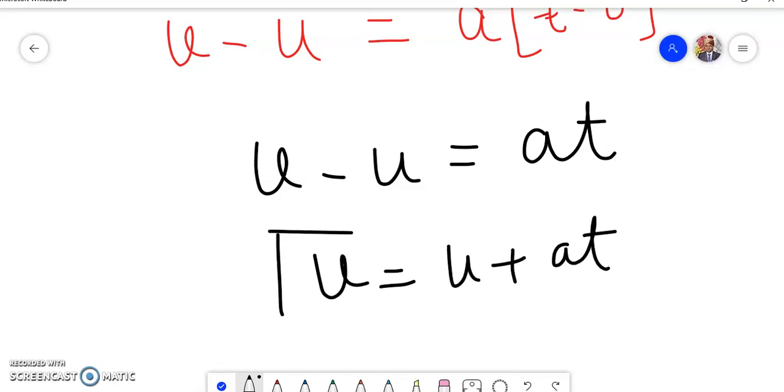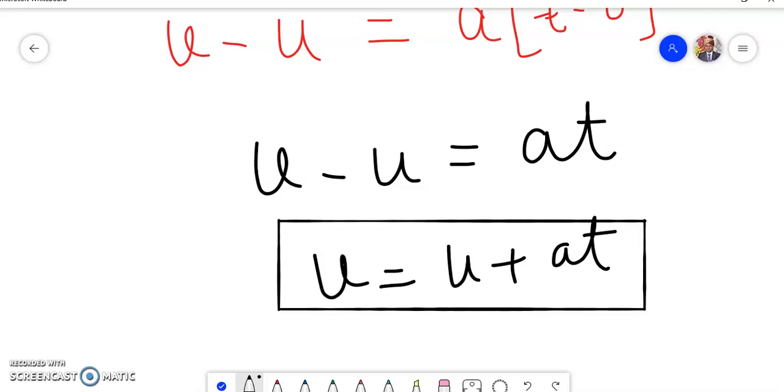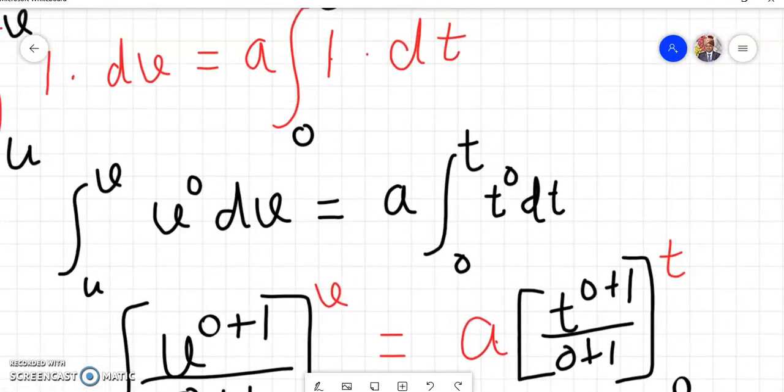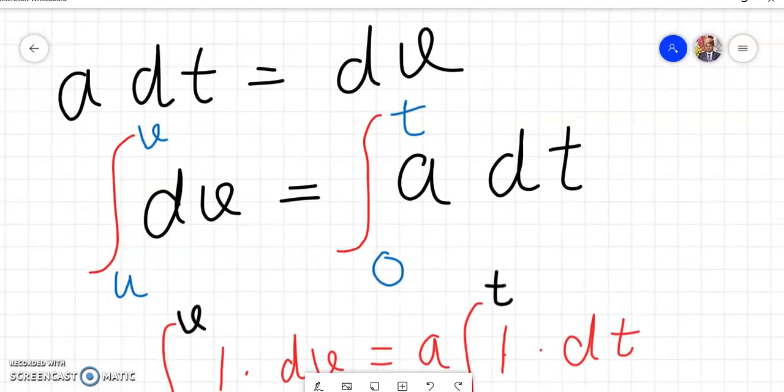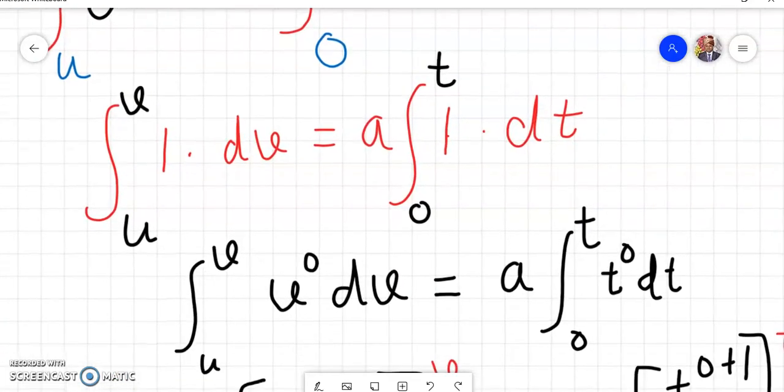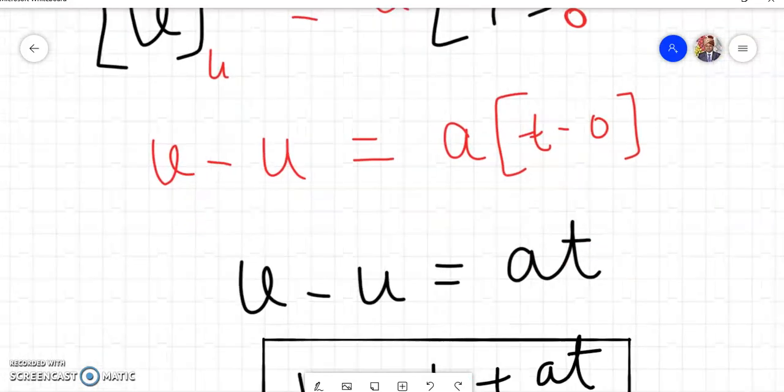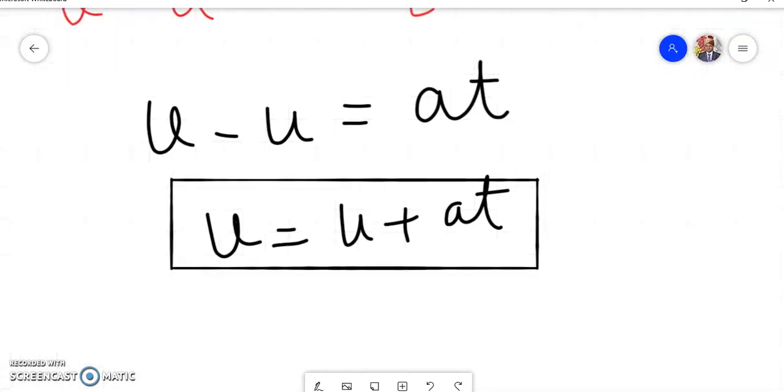Dear students, I have done each and every step which is required, but you can omit certain steps if you solve in the examination. You can simply write this equation first, then integrate it and write this value. There will not be any reduction in the marks, right?